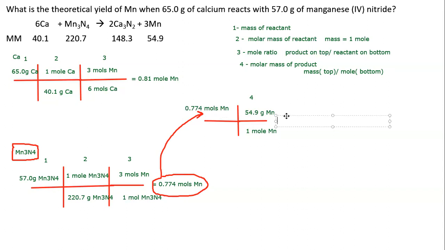And so mass times moles, mass times molar mass times moles gives us the mass. And we get 42.5 grams of manganese. So that would be, again, the theoretical yield of this reaction.